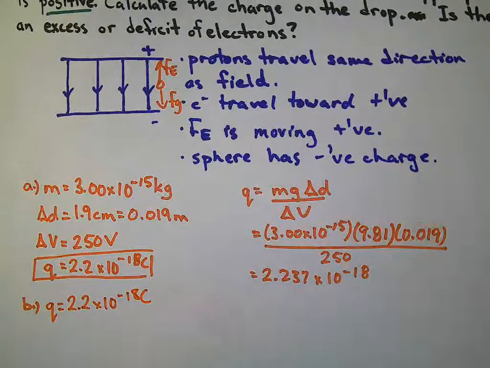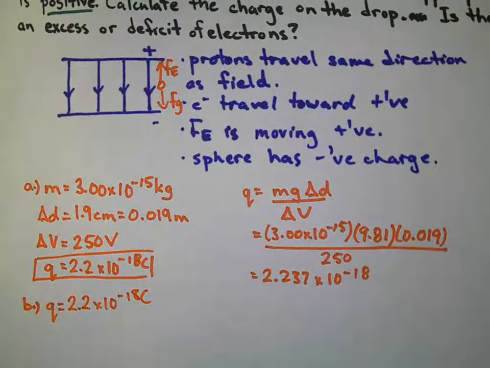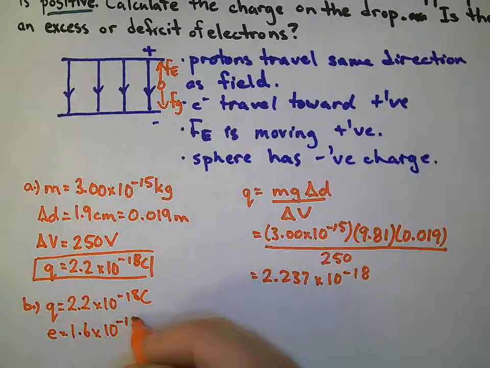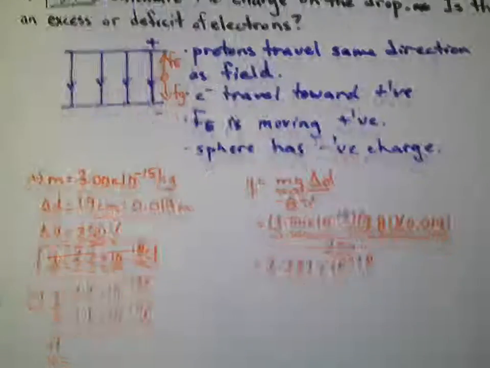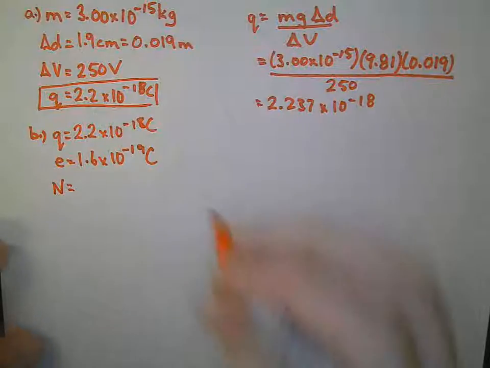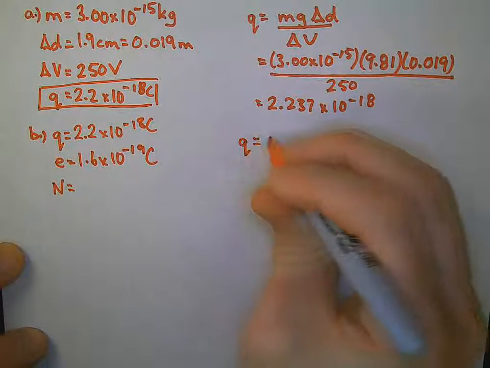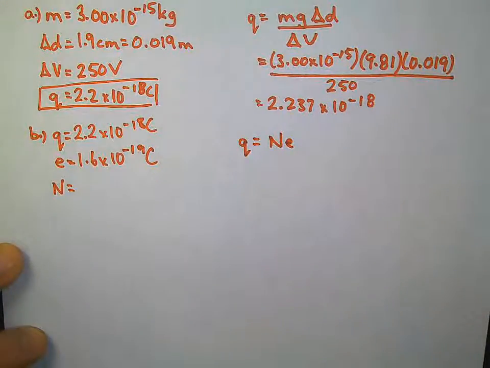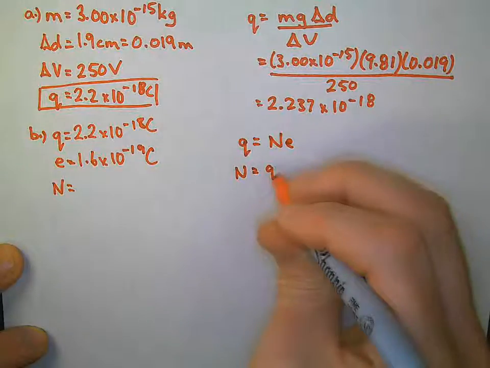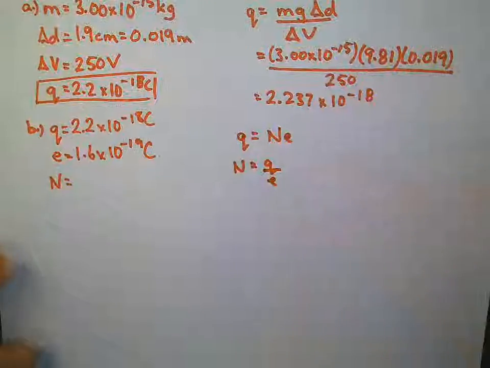We know that Q is equal to 2.2 times 10 to the negative 18, and that the elementary charge is 1.6 times 10 to the negative 19 coulombs. How many excess electrons are there? We can calculate that from Q equals n e. n is going to be Q divided by e.